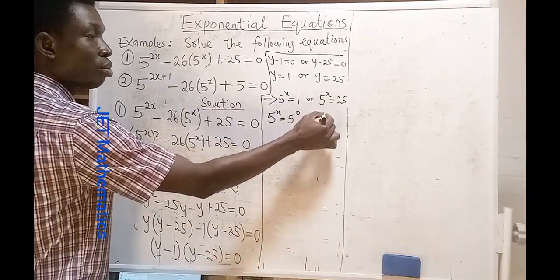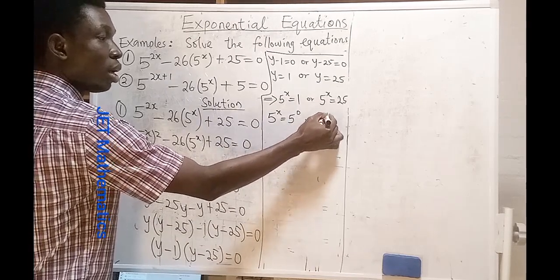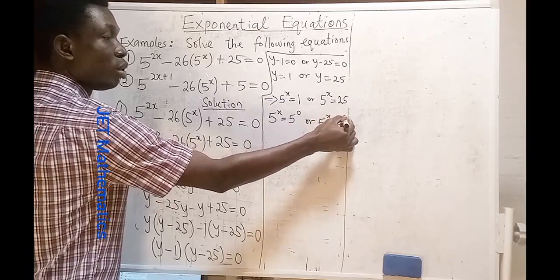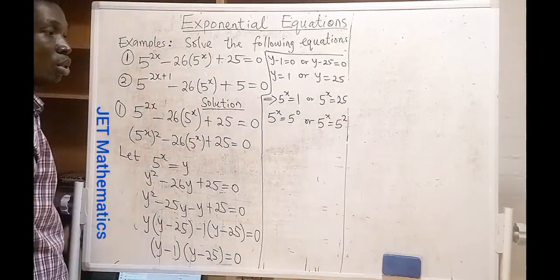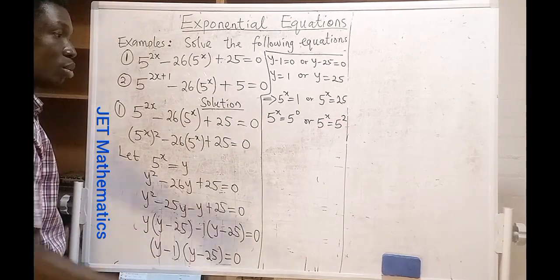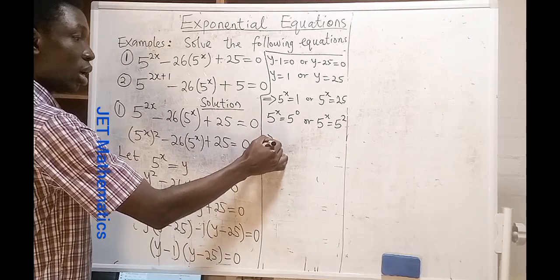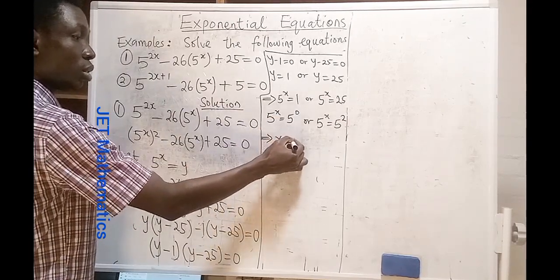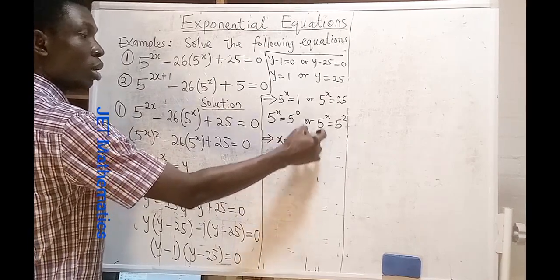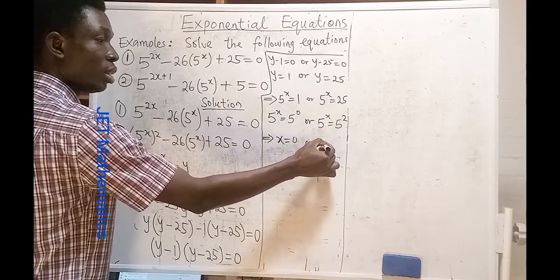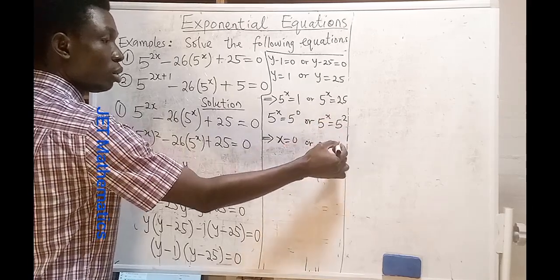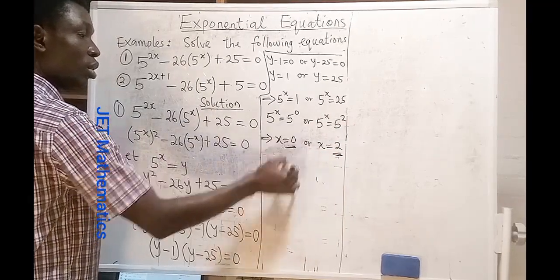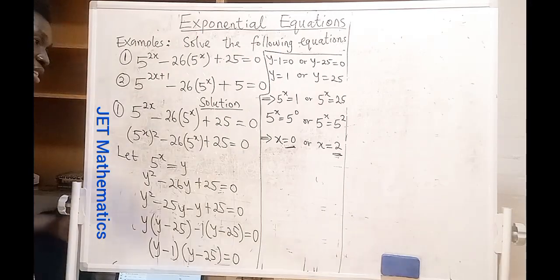Or 5 raised to the power x equals 5 squared, since 25 is 5 raised to the power of 2. So we can say that our x is equal to 0, or our x is equal to 2. Pretty easy, right? That's it.